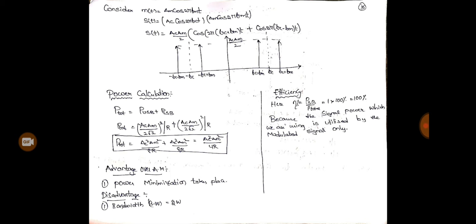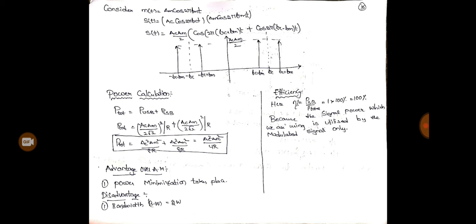From the equation, Ac Am/2 cos 2π(fc+fm)t is the upper side band. Similarly, Ac Am/2 cos 2π(fc−fm)t is the lower side band. We know that power is nothing but Vrms squared divided by R. Vrms of the sinusoidal signal is Vm by root 2.